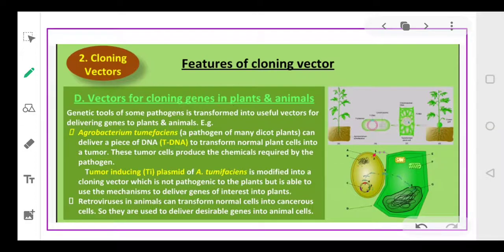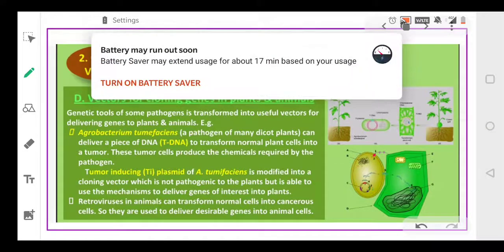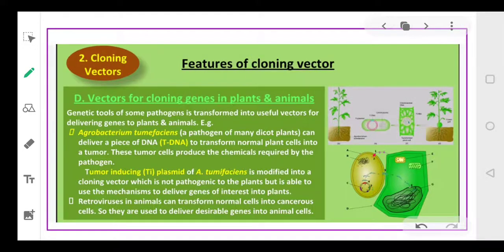Now coming to the vectors for cloning genes in plants and animals. Now see students, you will be surprised that transferring genes into plants and animals from bacteria and viruses has been done for ages. We take some genes out of bacteria and viruses and introduce them into plants and animals. This is a very old concept, right?